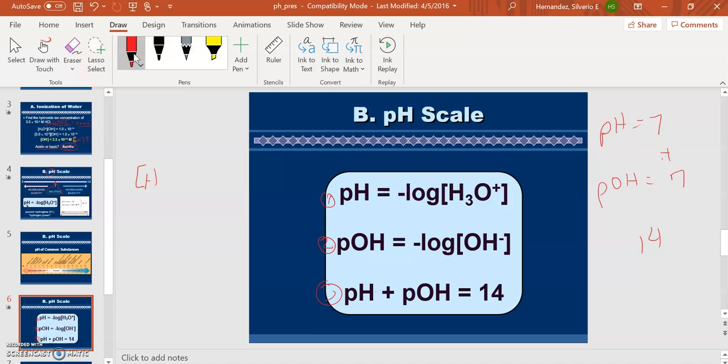So to determine the concentration of the hydronium ion from the pH, we're going to do 10 to the negative value of the pH, and for the hydroxide, it's going to be 10 to the negative value of the pOH.